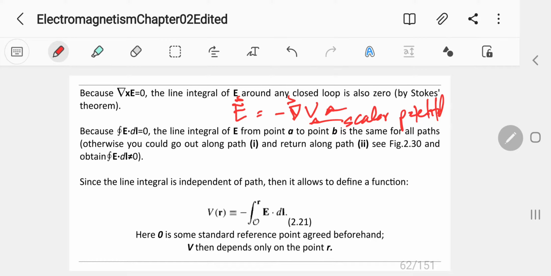Your general derivative here is three-dimensional. So in the case where E is just in the r direction, then the electric field E_r will just be equal to the negative derivative of V with respect to r.